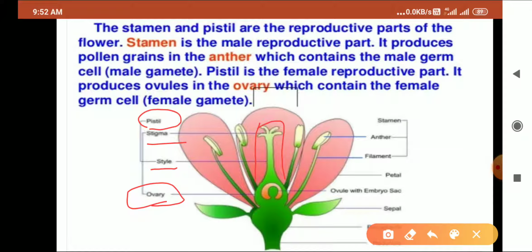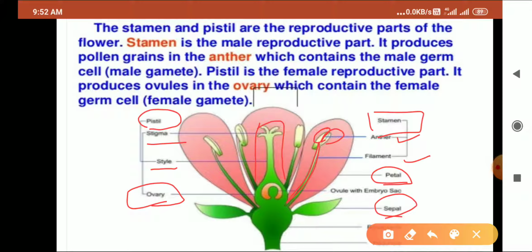Then we have the male part of the flower. The male part of the flower is the stamen. The stamen consists of anther and filament. The anther is a bilobed structure which bears a stalk that is termed the filament. Then we have the other whorls of the flower, that is the petals. The group of petals is named the corolla and the group of sepals is named the calyx.